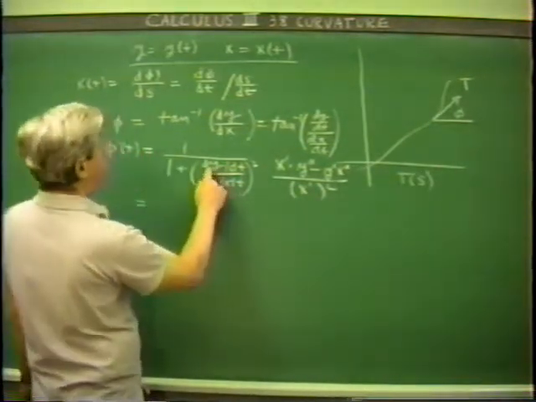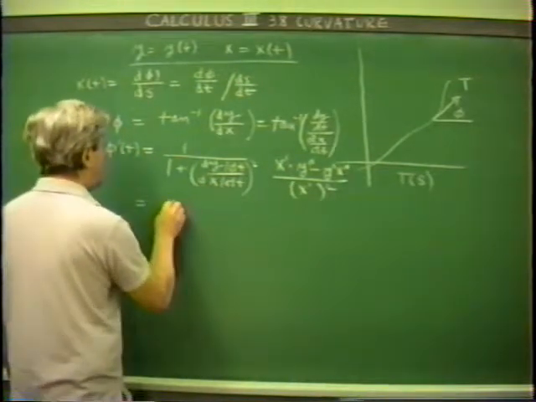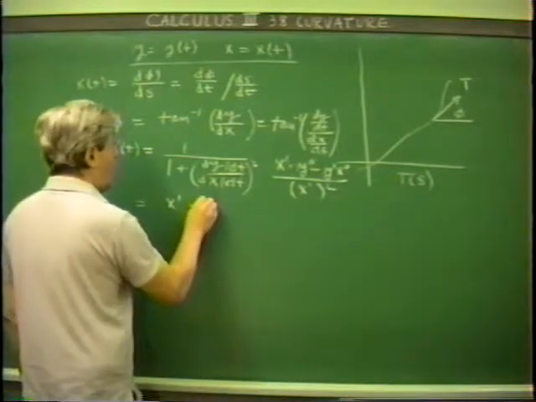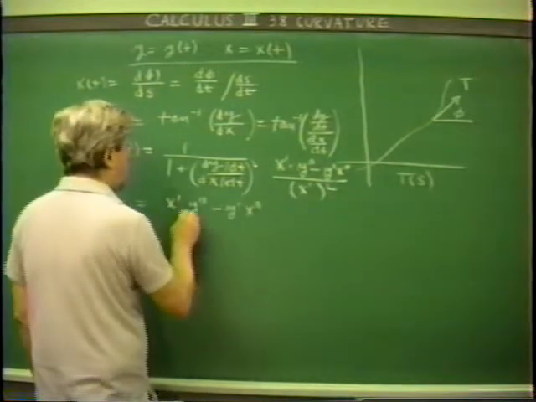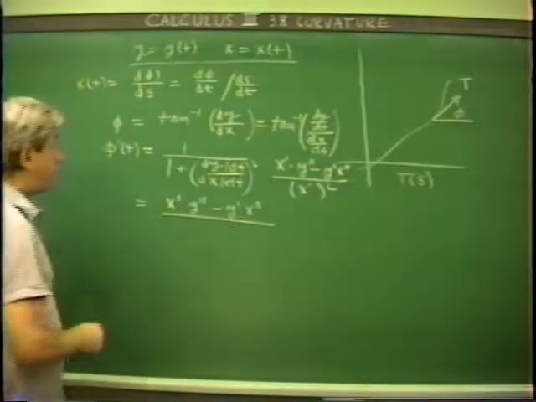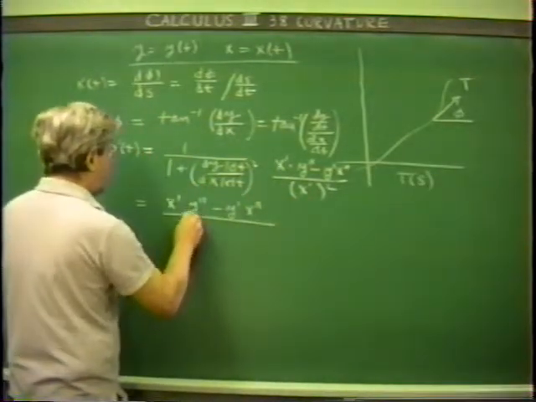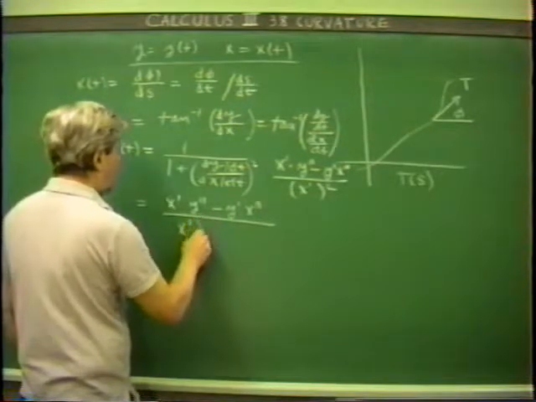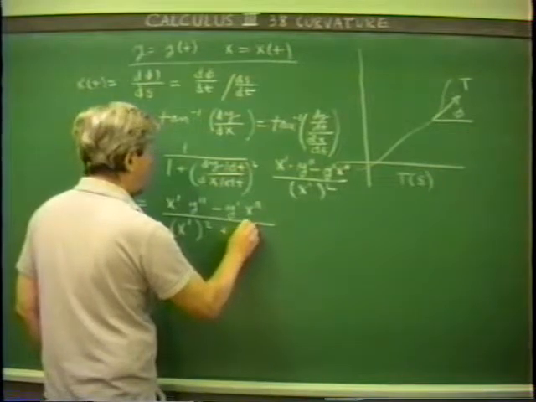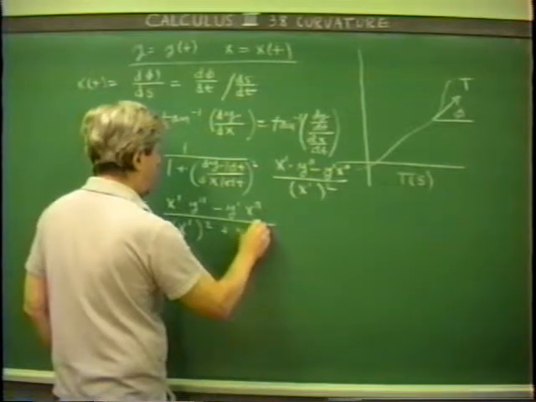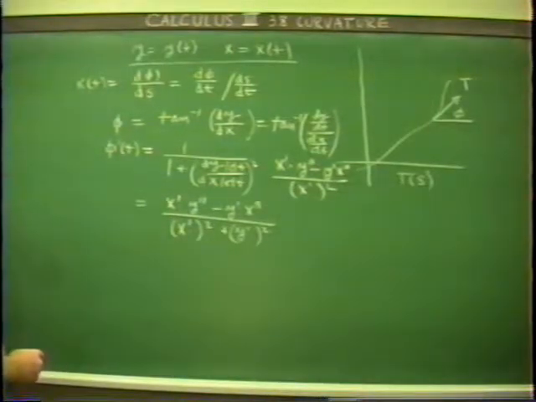So this now is equal to, multiplying this out, now this is y prime and this is x prime, so this is going to be equal to x prime y double prime minus y prime x double prime, over, multiplying through here we get x prime squared, and multiplying here we get plus y prime squared.